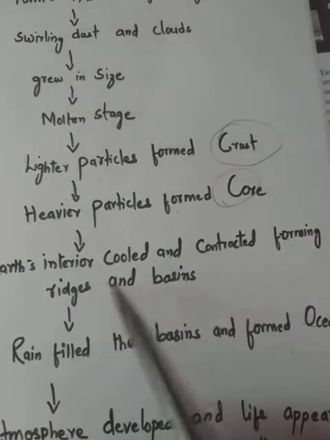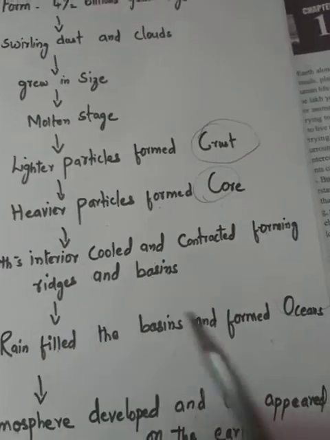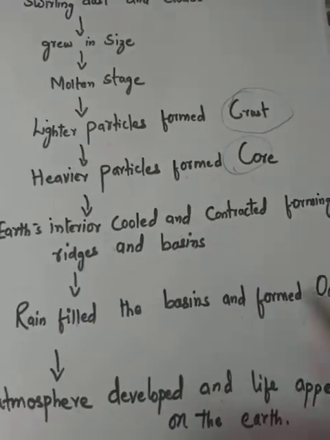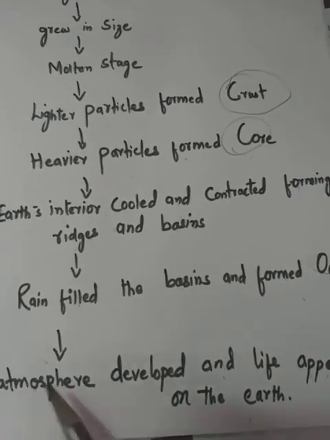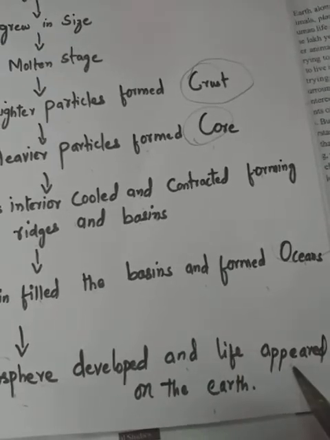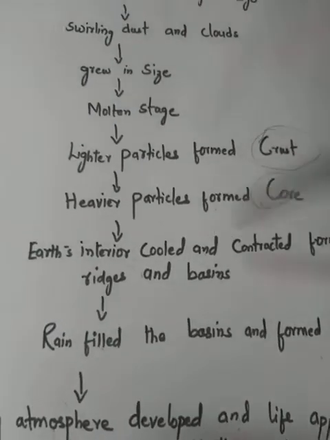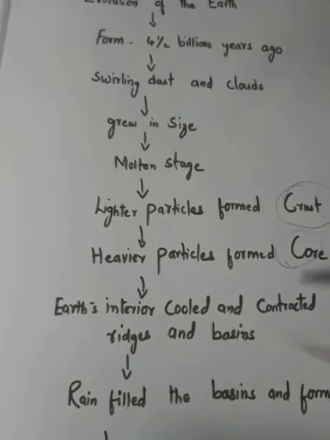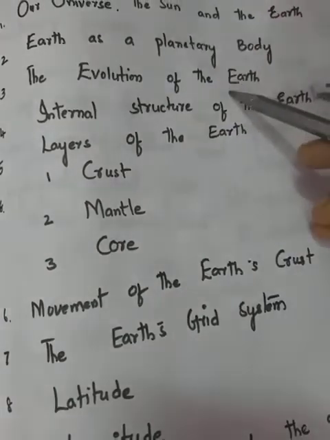Ridges and basins. The basins filled with rain and formed oceans. After that, the atmosphere developed, and after the atmosphere developed, life appeared, means life exists on the Earth. That is the flow chart. Hope you understand the evolution of the Earth.